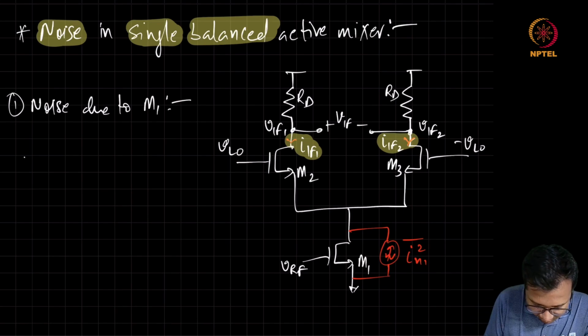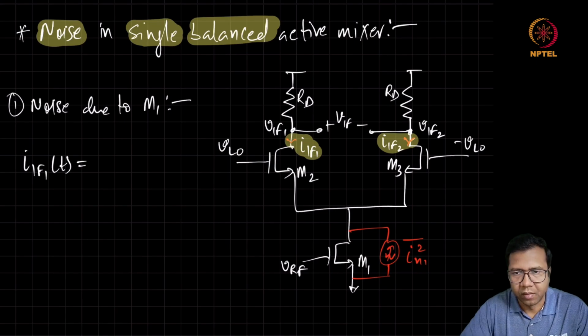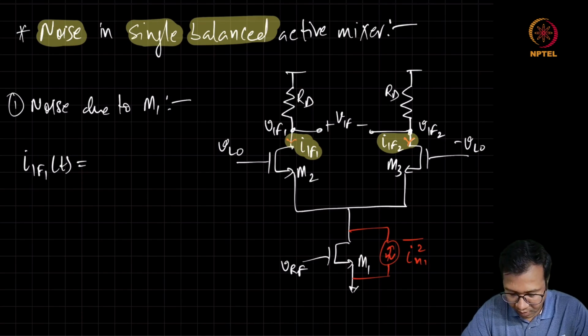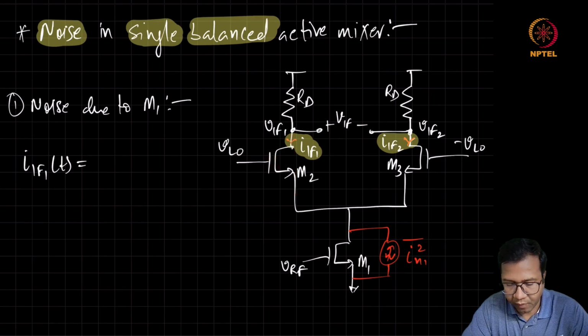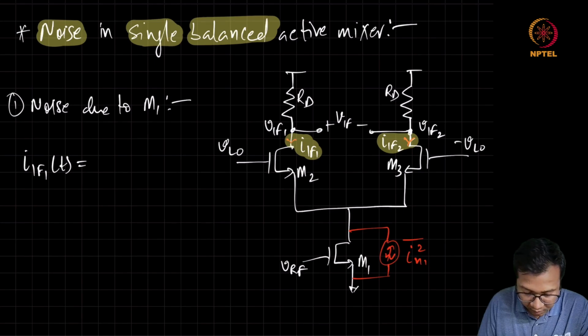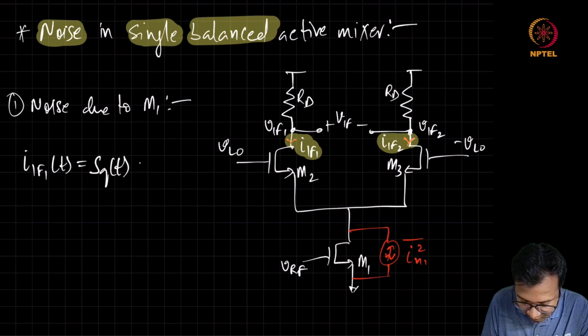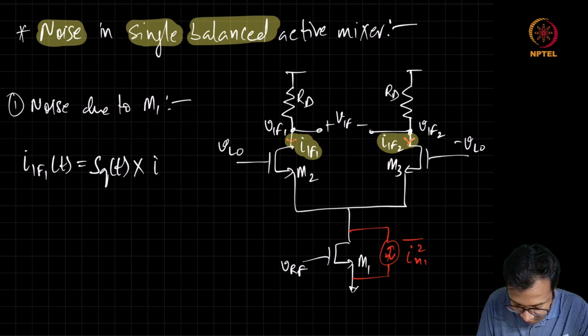We can find IIF1 as the current from the M1 being multiplied by a square wave, because if you remember, we assumed that there is going to be abrupt switching for M2 and M3, and because of this abrupt switching, you can just assume there is a square wave with the period of TLO decided by the LO period, and as a result of which this current at the IF1 you can see as some square wave getting multiplied by this IN1.